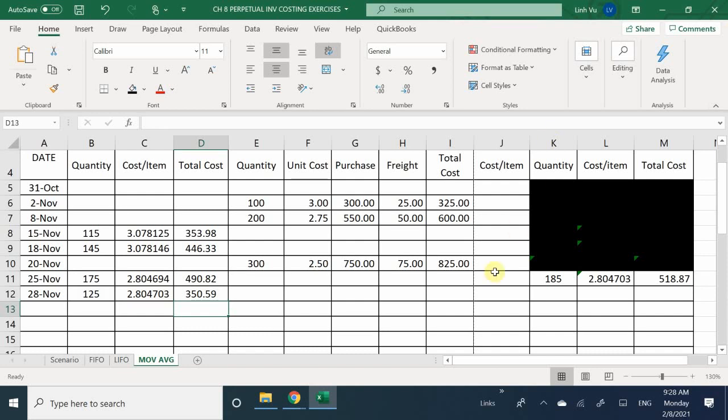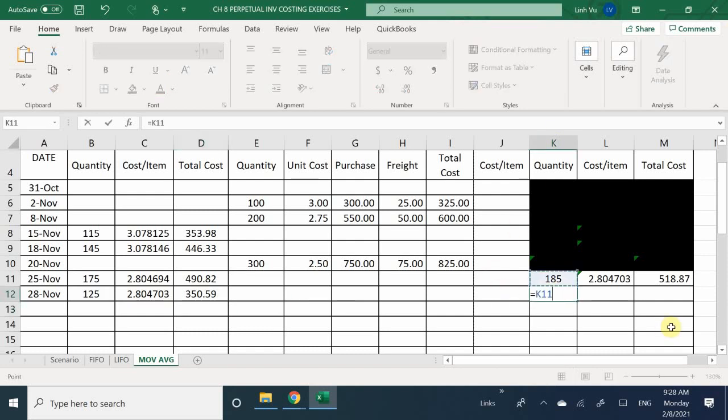Okay, so again, let's subtract my numbers out. If I had 185 and I subtracted 125, how much should I be remaining? 60. So we know at least that portion is correct.